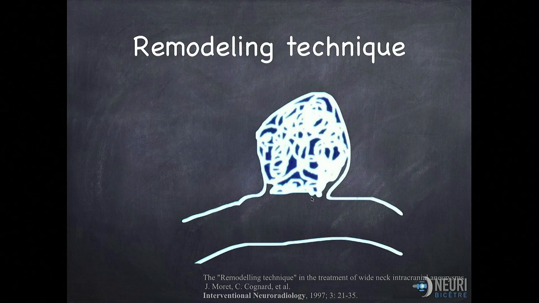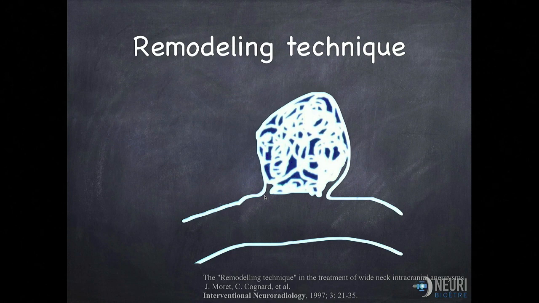So when Jacques Moret presented this work at the European Society of Neuroradiology in 1993, everybody was claiming that he was lying and that the coils cannot remain inside the sac of the aneurysm. The only answer he had at that time was that he had been doing 150 aneurysms using this technique, and he was unable to explain why the coils were remaining inside, but for sure this was the result.